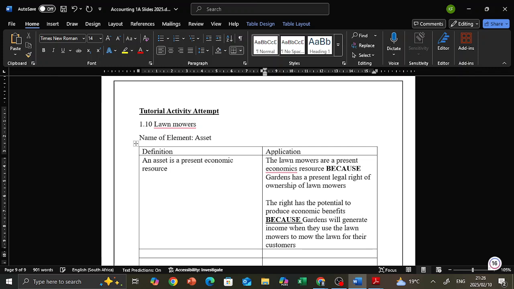So that's just us applying the fact that the asset is a present economic resource.